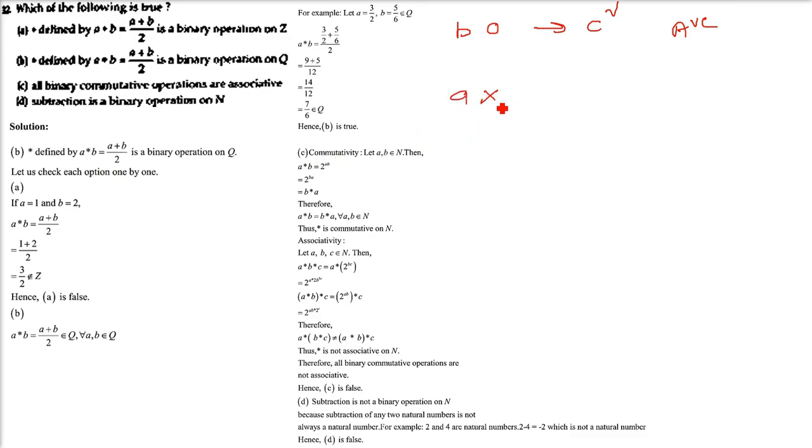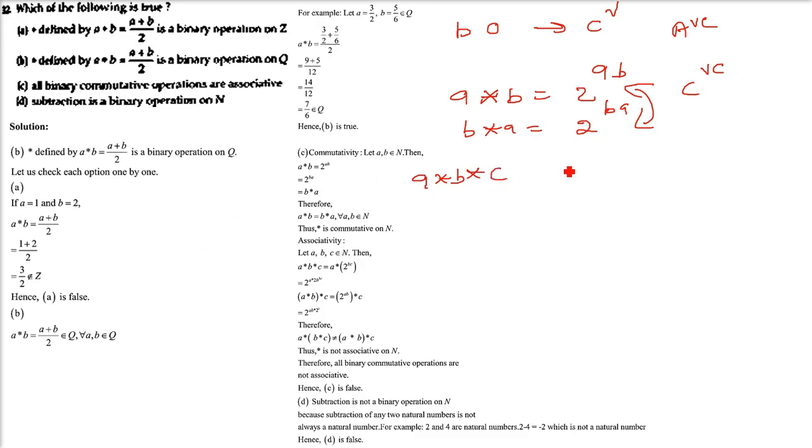So we'll take a binary operation and call it 2 raise AB. Now A star B, B star A, if they are equal, that means it is commutative. So A star B is 2 raise AB, B star A is 2 raise BA. They are similar because A into B is B into A. So this is commutative. But if it is commutative, whether it is associative or not, that we have to see.